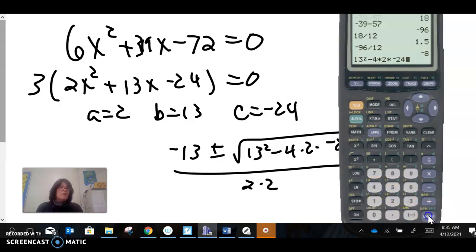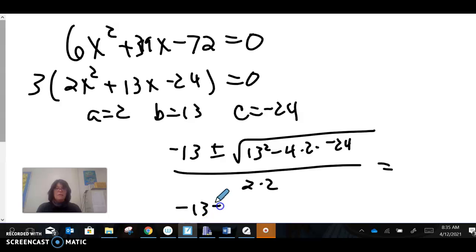They got 361. Took the square root of 361. And you get 19. So now they're going to write negative 13 plus or minus 19 all over, what's 2 times 2?